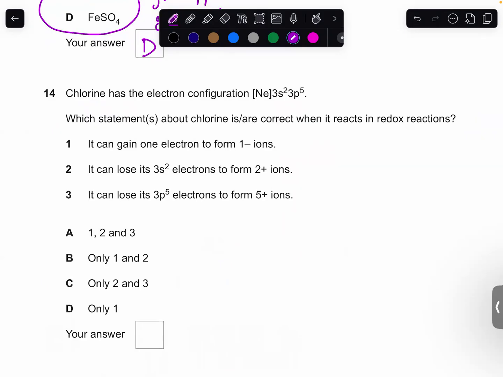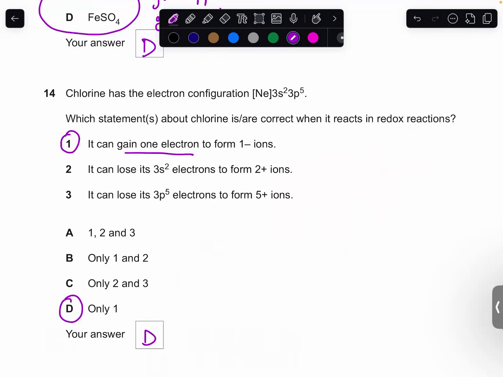Chlorine has a tendency to gain 1 electron. Its electrons are lost when it's only bonded to oxygen, but it doesn't form an individual ion itself. So the answer is actually 1. The answer will be D. Let me just explain that.